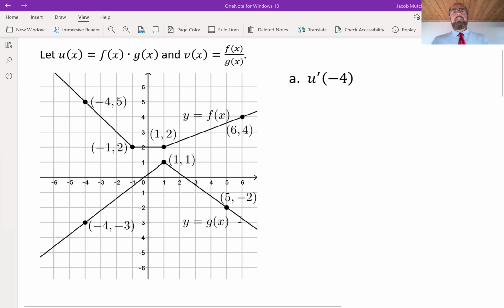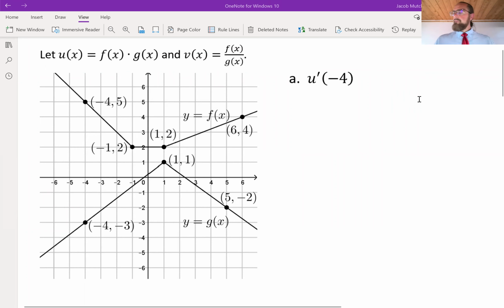We're also told that the function u of x is equivalent to f of x times g of x. So that's our product rule that we see kind of implied there. And then v of x, which is f of x divided by g of x, that's implying our quotient rule.